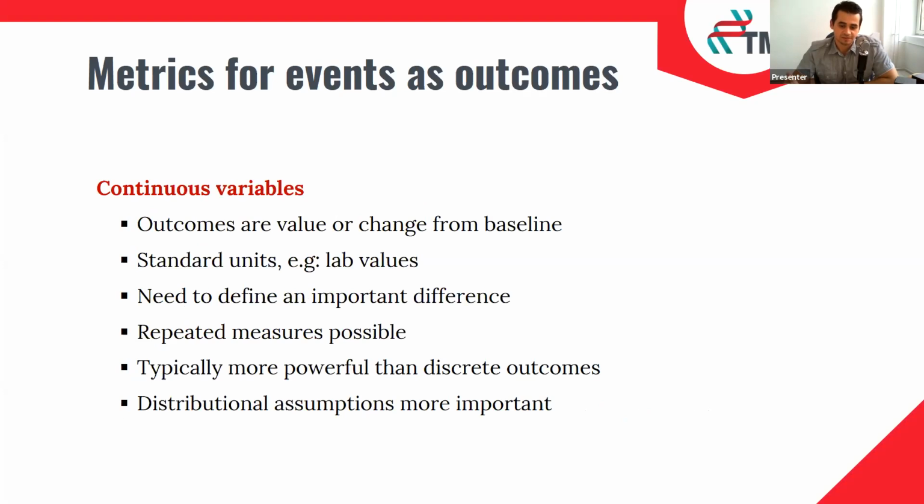Or we can also say that we are curious about how that continuous variable changes from the baseline. These are usually standard units like laboratory values, for example. Of course, in these cases, repeated measures are also possible.